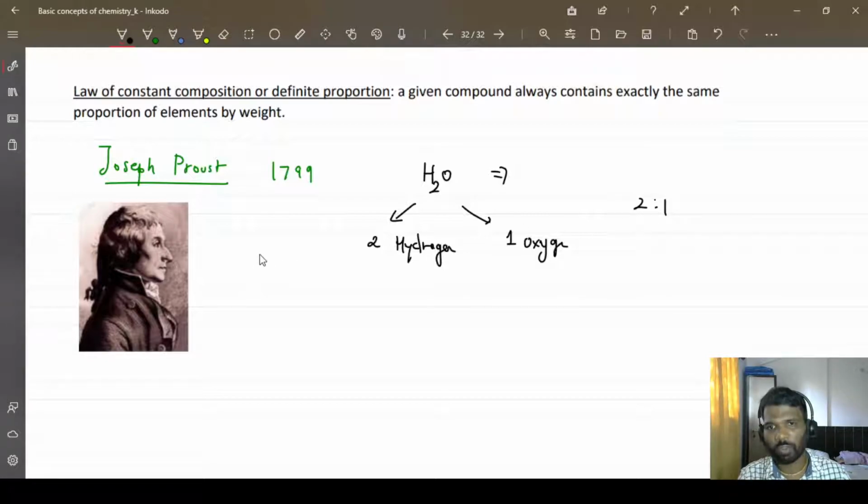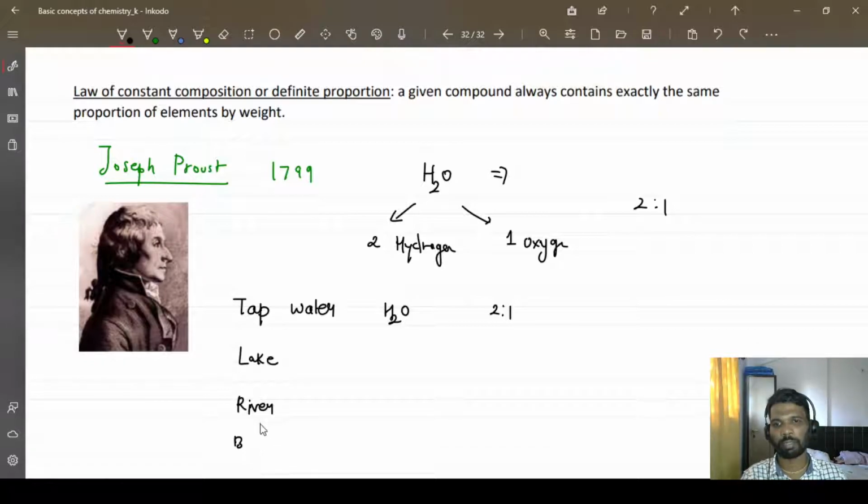Now, whether you take this water from any source, irrespective of the source, whether it is tap water, lake water or river water, or Bisleri water, or instead of using a brand name, mineral water, the molecular formula will be H2O. The number of hydrogens and oxygens will be in the ratio 2 is to 1, right?